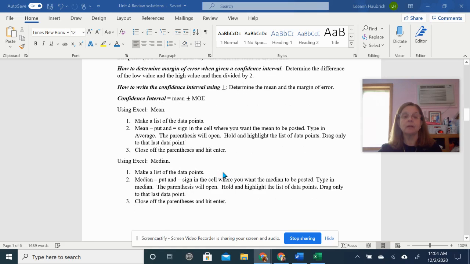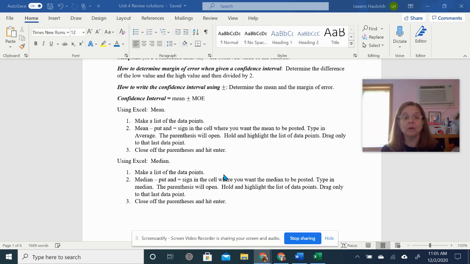Using Excel, you will have to use Excel for your Unit 4 quiz. You put your list in. That's the first thing. Just copy your list, go straight down with your list. Then in the cell where you want to put the mean, start with an equal sign. You cannot type the word mean.